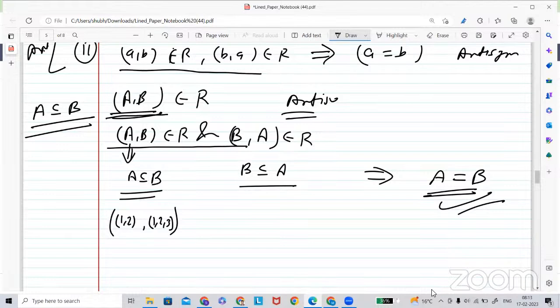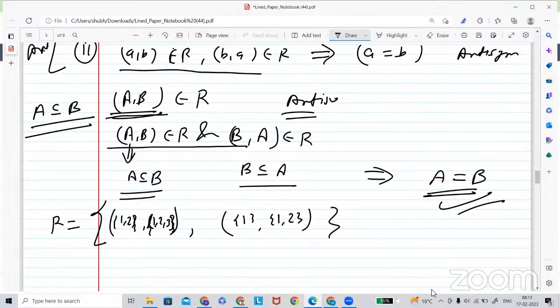Sorry, this is a set, and these are in a pair. This is R, I'm making a simple R. Another pair is, let's say, {1} and {1, 2}. See, this is an example of that relation. These are the sets in pairs.